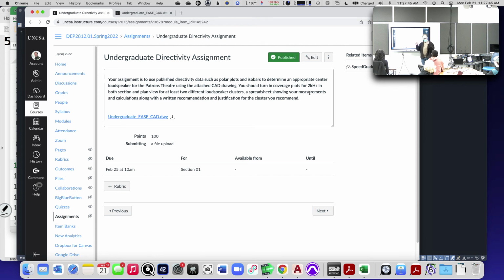Now, I want to temper expectations here a little bit. I'm not expecting that any of these will be amazing. This is kind of a hairy thing. There's a lot of details you've got to wrap your head around here. I want to see you try. I want to see if you can wrap your head around this concept between what happens when you take inverse square law and loudspeaker directivity and merge them together.